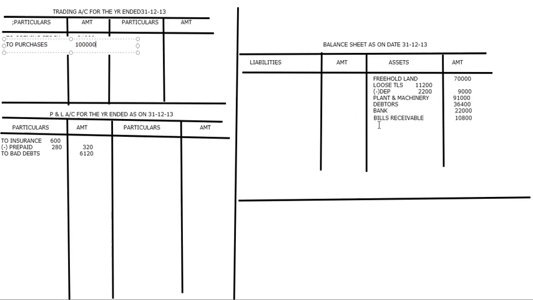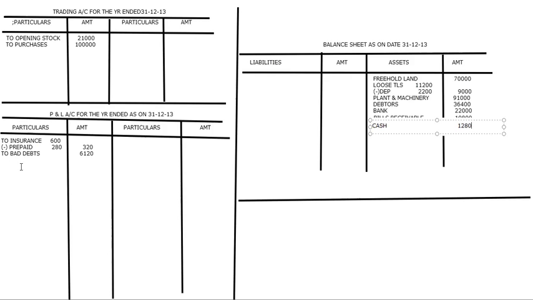So cash in hand comes here only, no? So that's why I'm going to take cash in hand. So simply I'm going to write cash. How much cash did he give? 1,280.